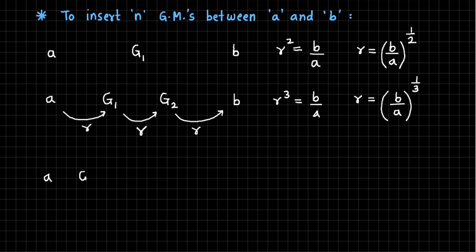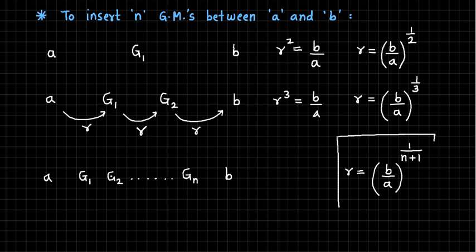Therefore if we want to insert n geometric means, that is g1, g2 up to gn between a and b, it is clear by the analogy and pattern that the common ratio required here should be the n plus 1th root of b by a. So that is nothing but b by a whole raised to 1 upon n plus 1.